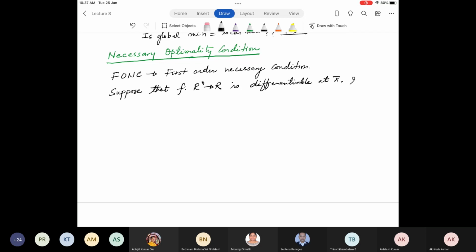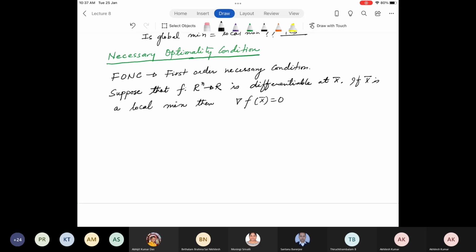All of you agree? If you remember simple mathematics, you've been asked to minimize (x minus 2) whole square. You just get 2x minus 2 equals 0, x equals 2, right? This is the first order necessary condition for local minimum to exist.